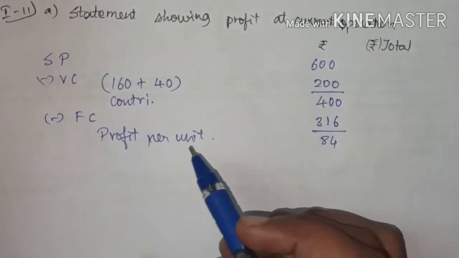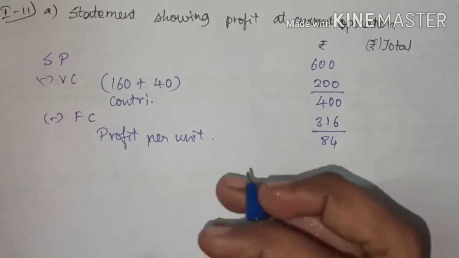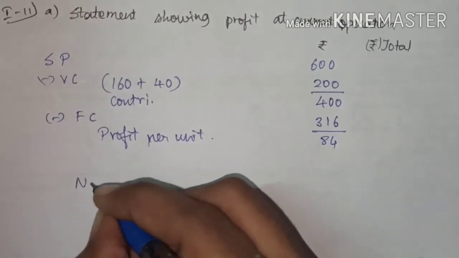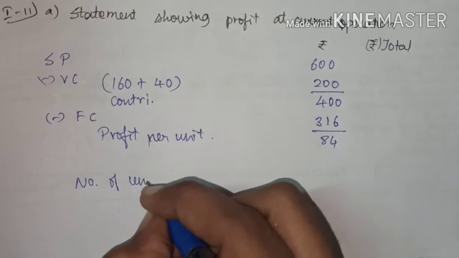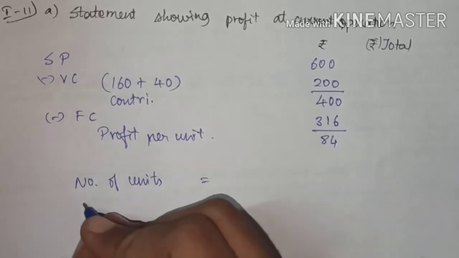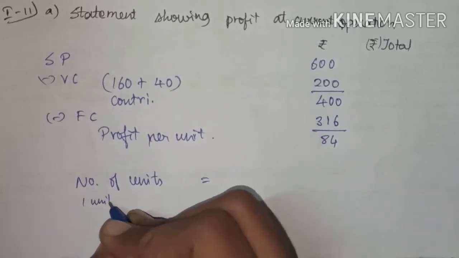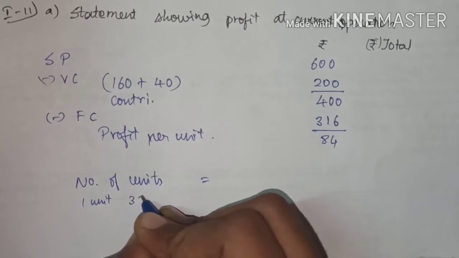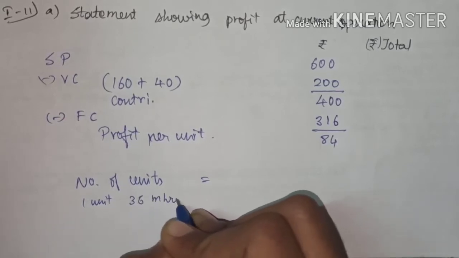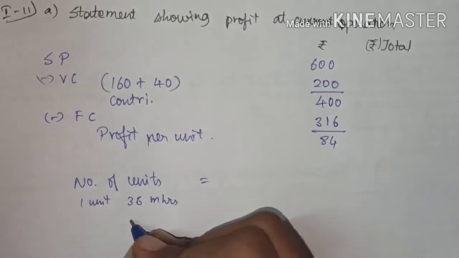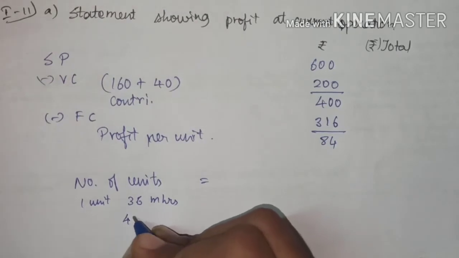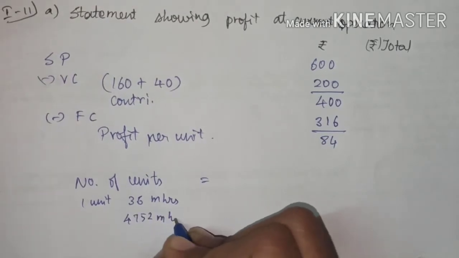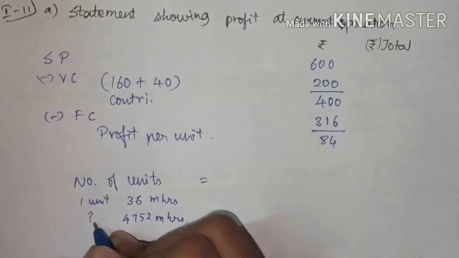Next we have to calculate the total profit, so we need the number of units. For 1 unit it takes 36 machine hours, and for 4,752 machine hours, what will be the units?